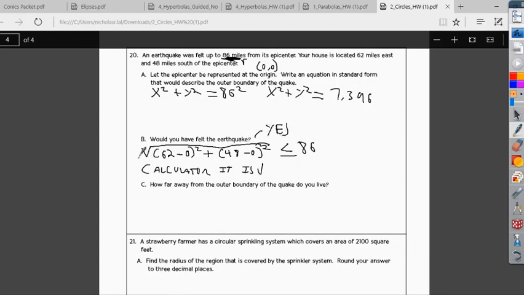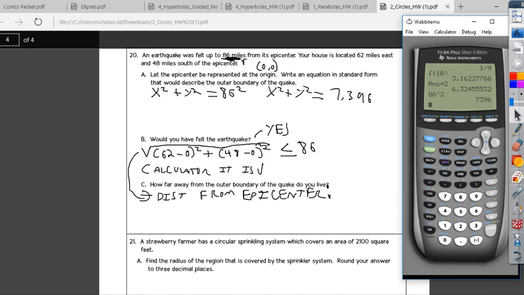How far away from the outer boundary do you live? Well, now we need to find our distance from the epicenter, so this will give us our distance from the epicenter. Not the part in downtown Charlotte, by the way. That's a different epicenter.